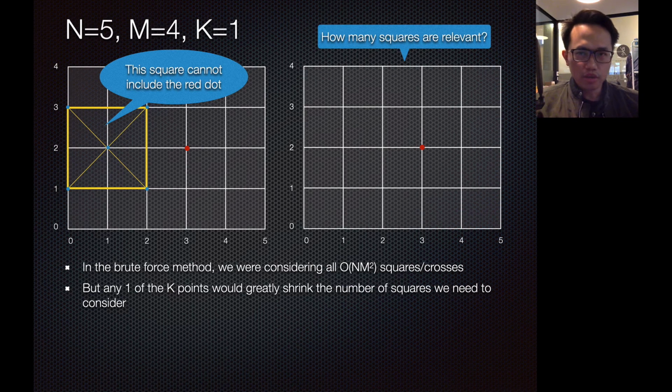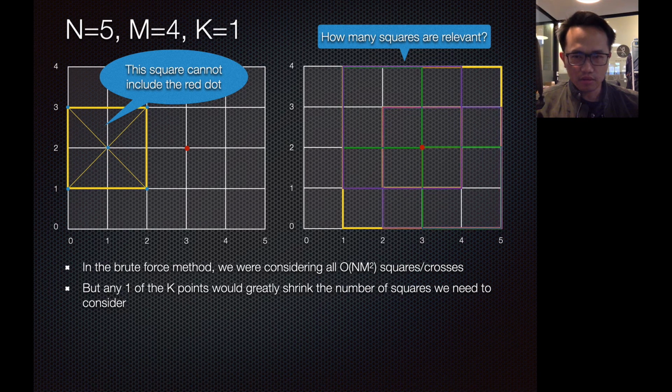Now the real question is, how many squares on this grid are relevant? Go ahead and hit pause and see if you can figure out how many squares are relevant here. Well, there are these two. They center at the red dot, and of course those squares are relevant. But there are also these two, and also these two.